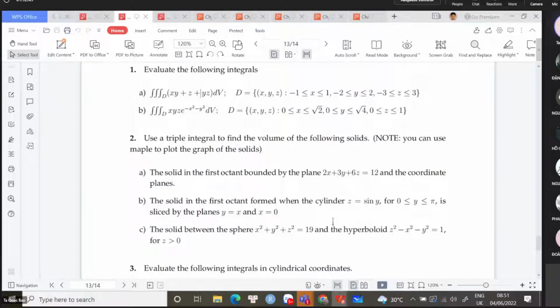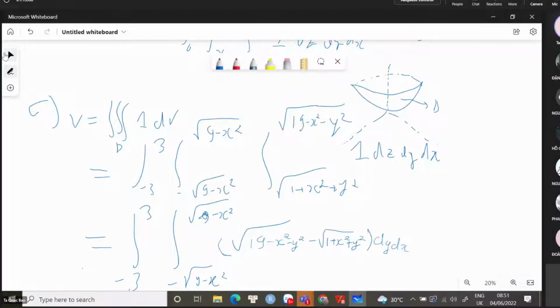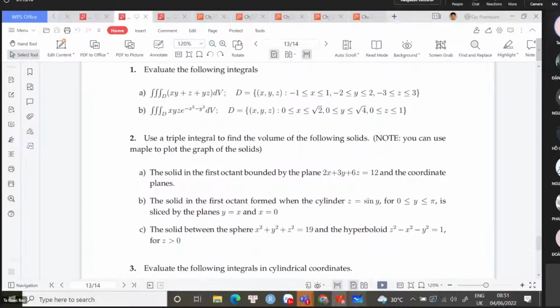Okay, so I write here: x power 2 plus y power 2 plus z power 2 is equal to 19. Okay, right here. And this one is z power 2 minus x power 2 minus y power 2 equal to 1.